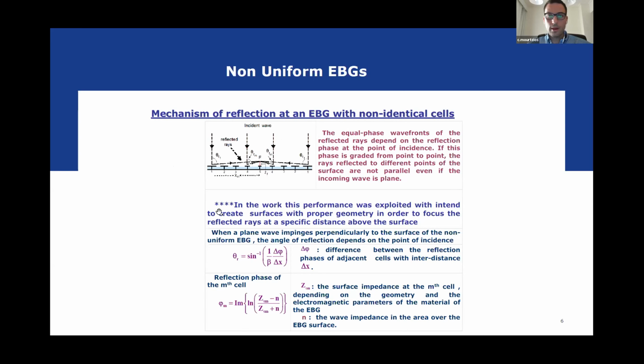When a plane wave is incident perpendicularly on this surface, the angle of reflection depends on the point of incidence, given by this formula, where delta phi is the difference between the reflection phases of adjacent patches of interdistance delta x, while the reflection phase of the nth cell is given by this formula, where ZSn is the surface impedance, which changes from point to point of the nth cell depending on the geometry, and eta is the wave impedance of the area above the EBG surface.